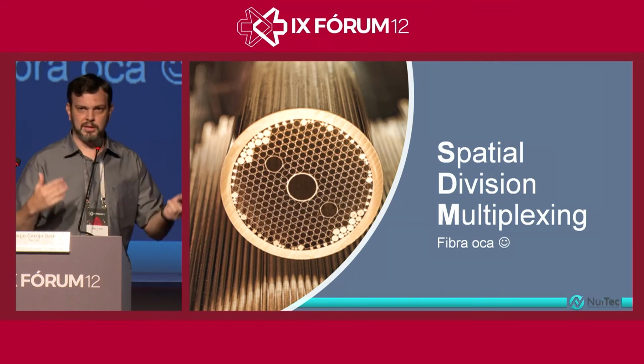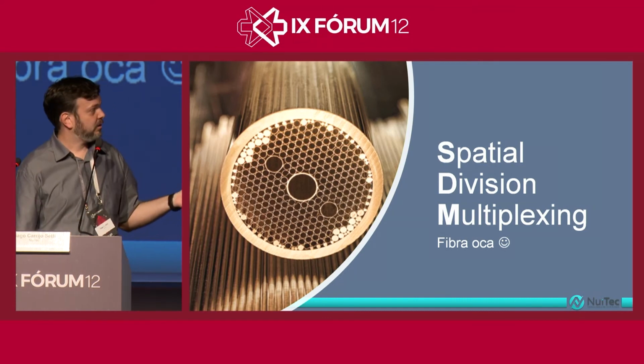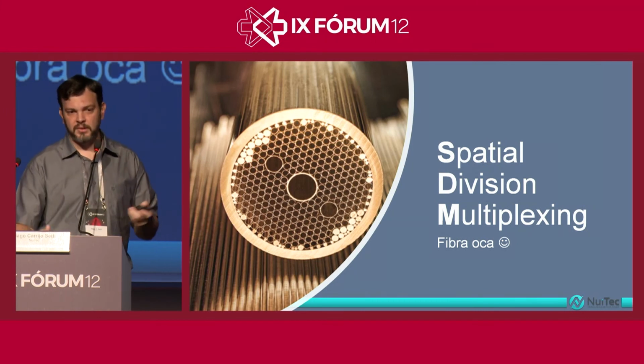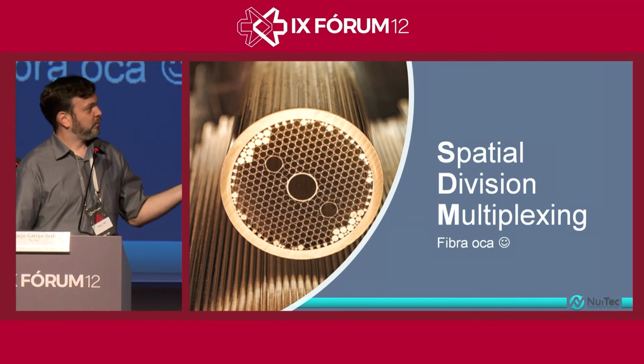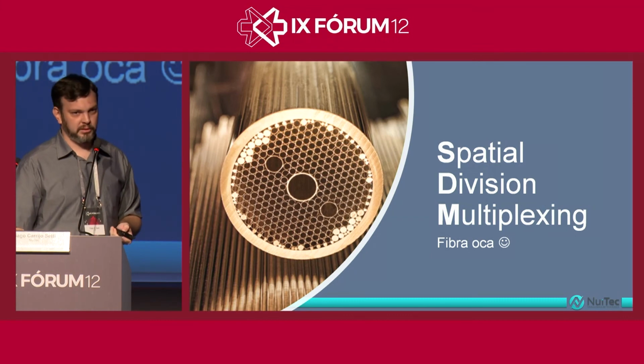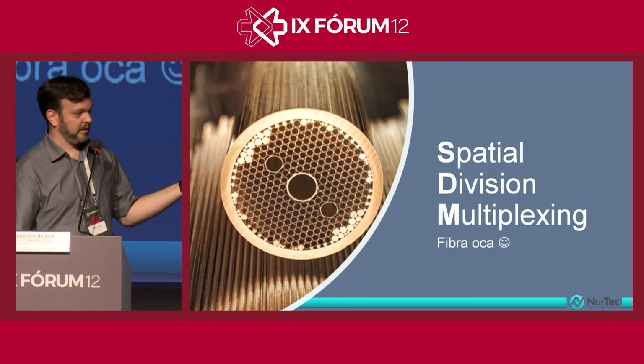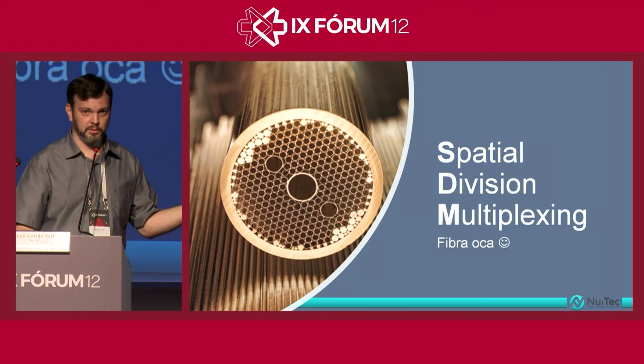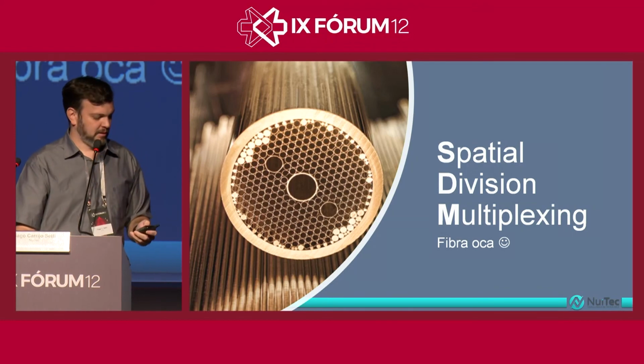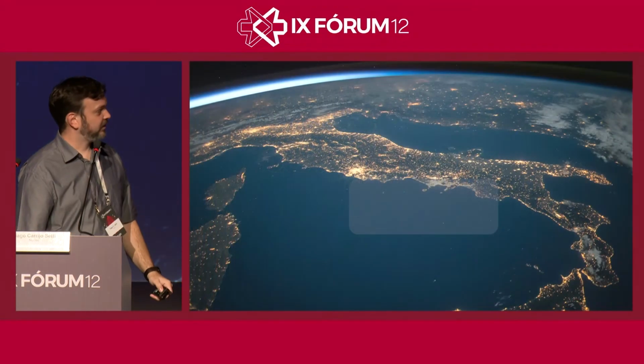This is just lab, okay? There is nothing under production, just some lab research. When the light goes through air, we have a fiber attenuation around 3 to 4 dBs per kilometer.